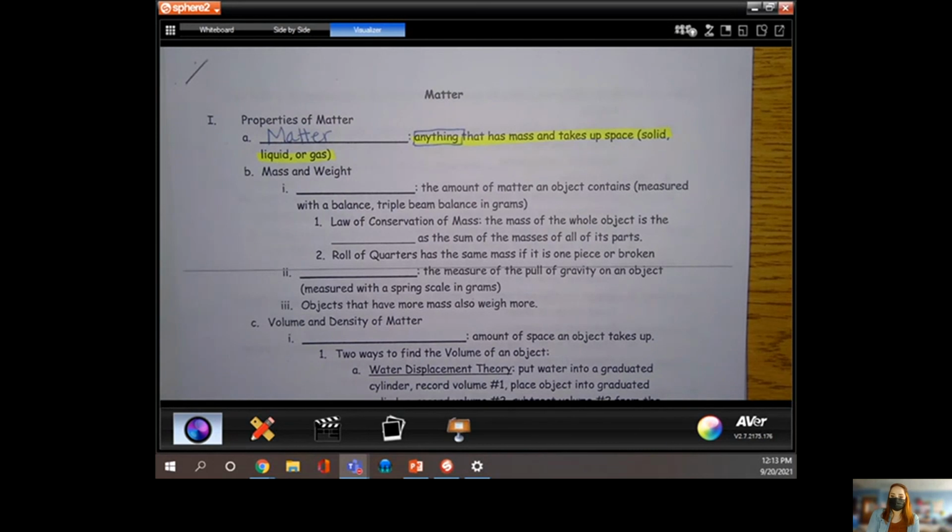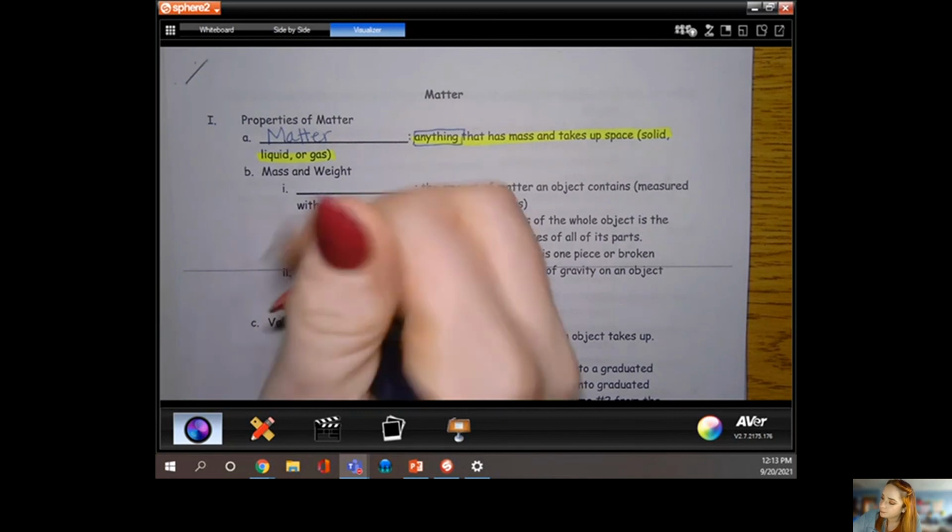Blank is the amount of matter an object contains, which is measured with a balance or a triple beam balance in grams. Rebecca? Mass.